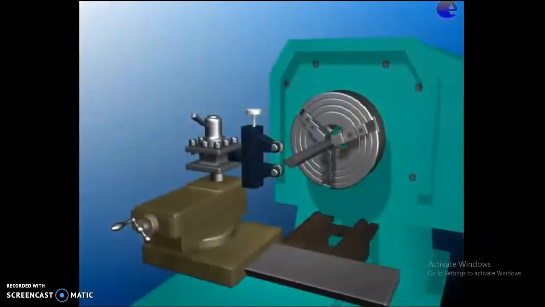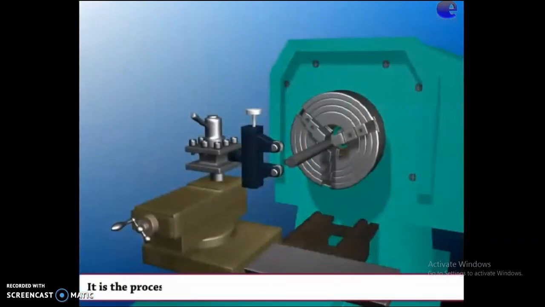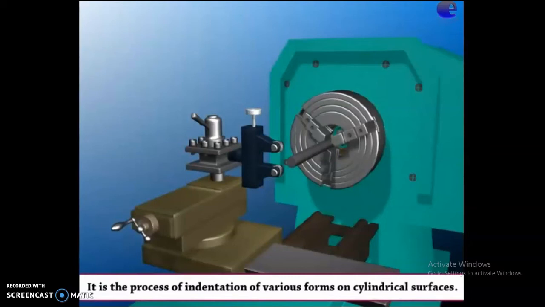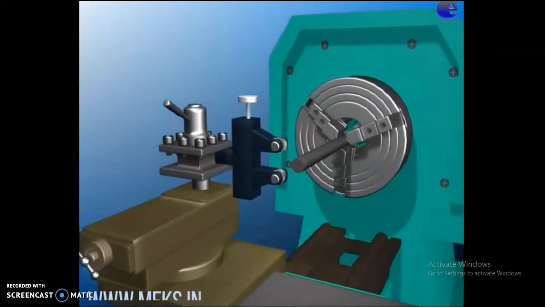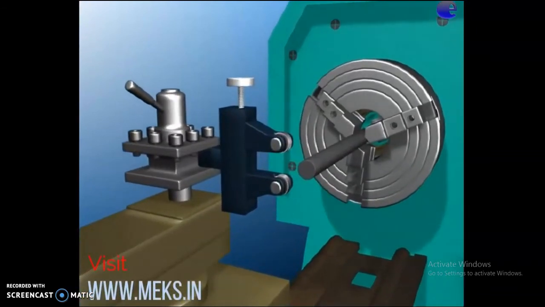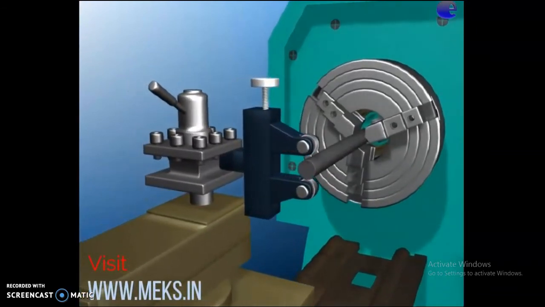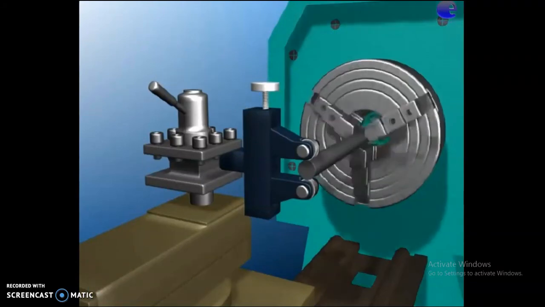Next is the knurling operation. It is a process of indentation of various forms on cylindrical surfaces. This is mainly done using a knurling tool, and this is how the knurling operation is done.